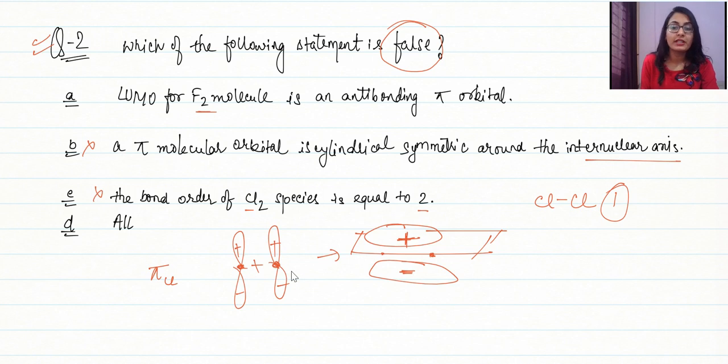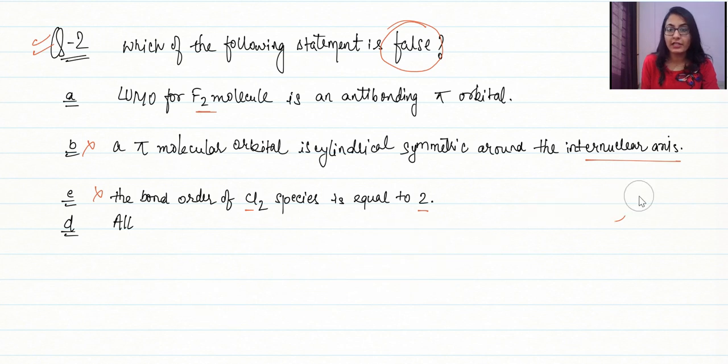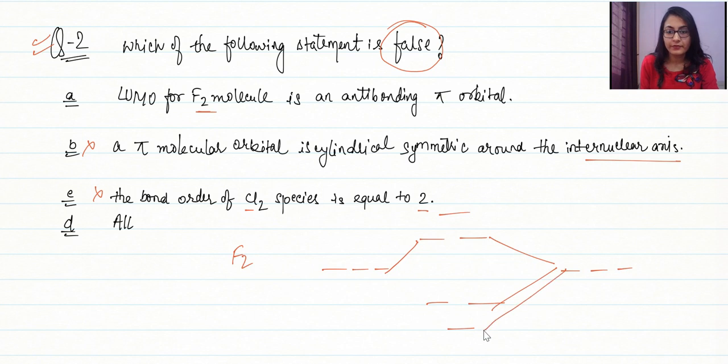LUMO for F2. What is a LUMO, guys? I hope you know: LUMO is the lowest unoccupied molecular orbital. So if we draw the molecular orbital diagram for F2, and we know that Z is greater than 14, then if these are our 2p orbitals, I'm just roughly drawing it over here.